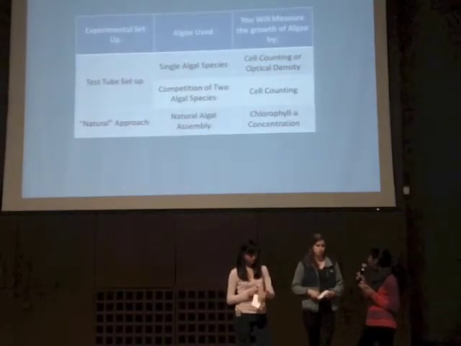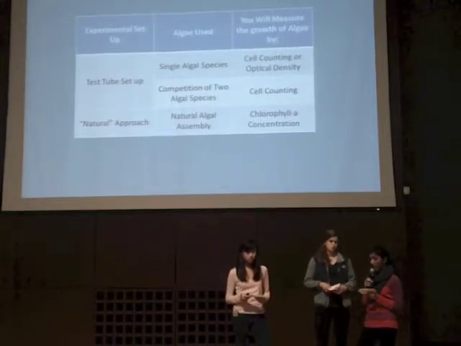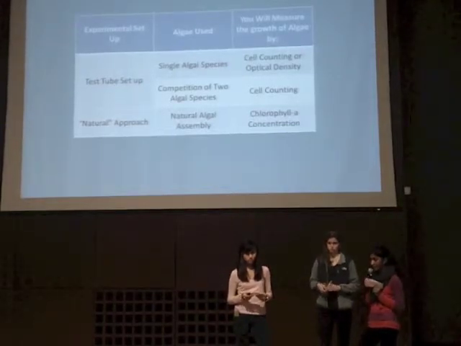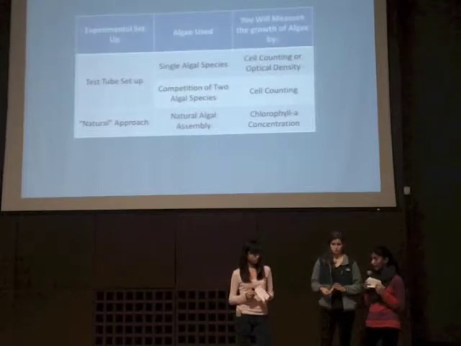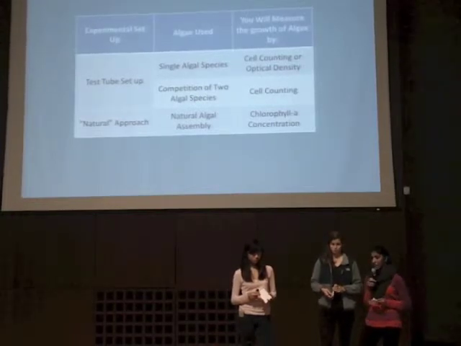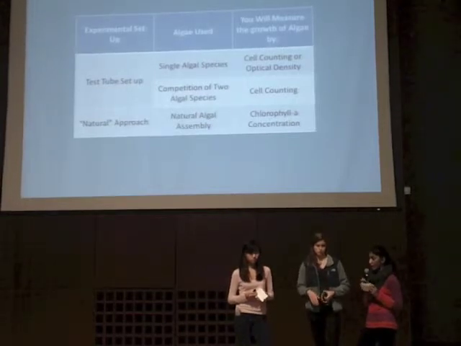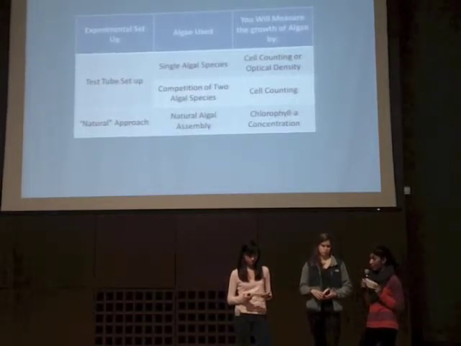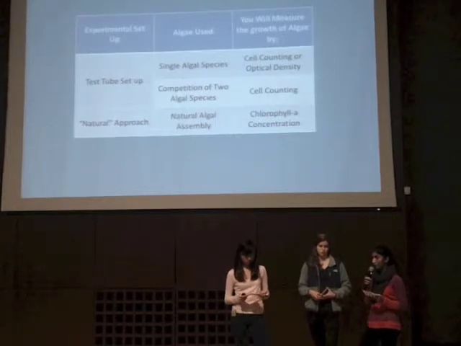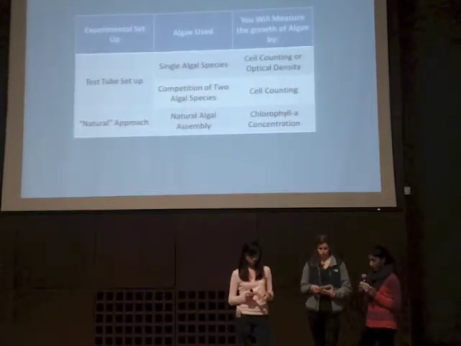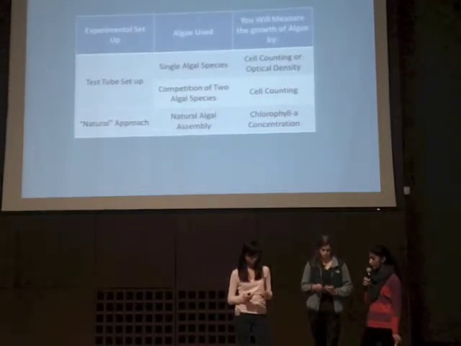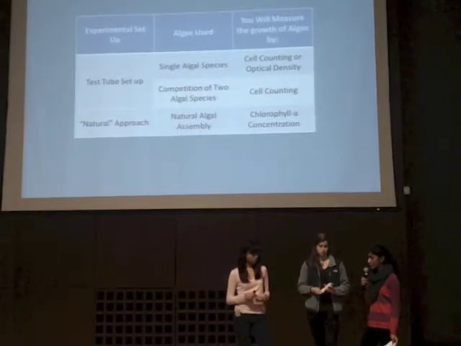The second was the optical density using the spectrophotometer, and the last was chlorophyll A concentration, which took advantage of the fact that all photosynthetic organisms need chlorophyll A, but you still can't distinguish between two different algal species.